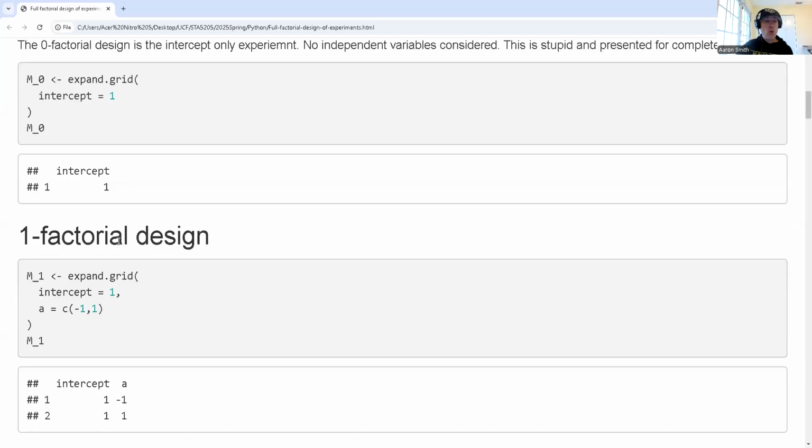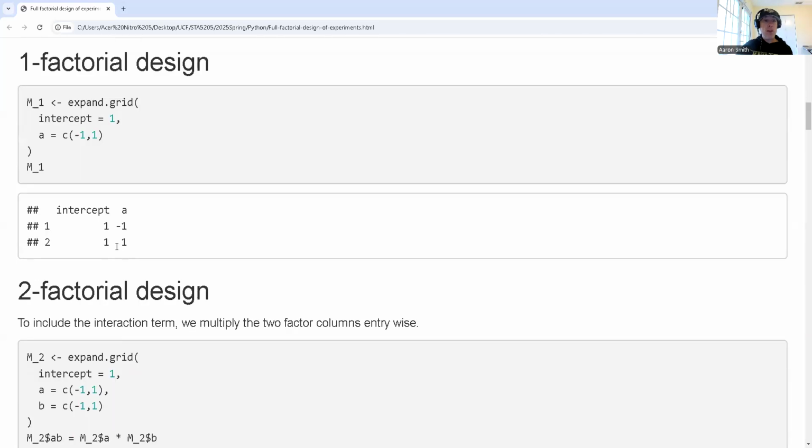Now, a 1 factorial design has one independent variable, and I'm going to call that A. It's got 2 levels I'm interested in, -1 for one level, 1 for the other. If I have just 2 levels like male, female, high, low, yes, no, this is perfect.